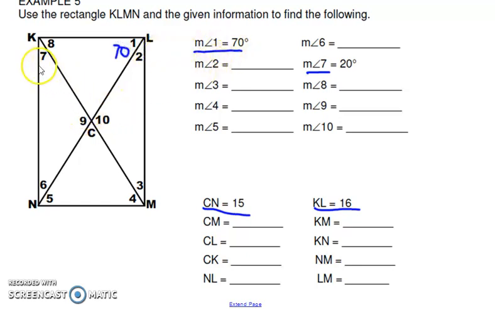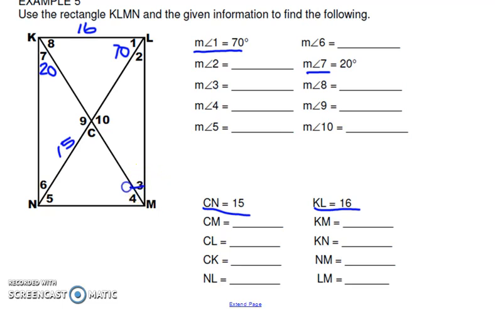Angle 7 is 20. Line segment CN is 15. And KL is 16. Now as I start solving things, I can write it over here, but I can also write it in the diagram, and seeing things that I'm going to have to use to find other parts, drawing it in there helps me.